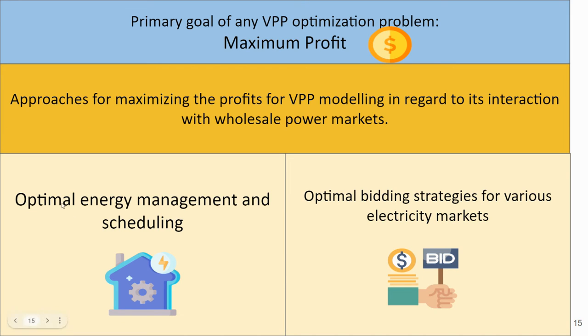In optimal energy management and scheduling, the main aim is to optimize the management and scheduling of different generation facilities, storage systems, and electricity demand to maximize the final VPP profit. The development of this model is primarily based on typical problems of technical economic dispatch.